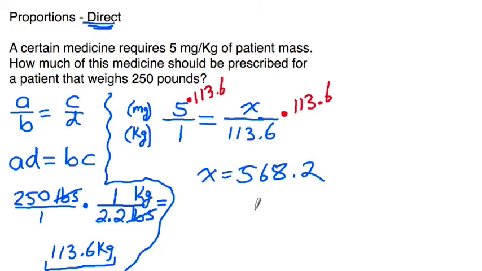Now, unlike unit conversions, which keep the measurements with each one of the values, proportions will lose them for a little while, so you just have to go back and ask what x really represents in this problem. Well, x is in the top, so it represents the milligrams of this medicine.